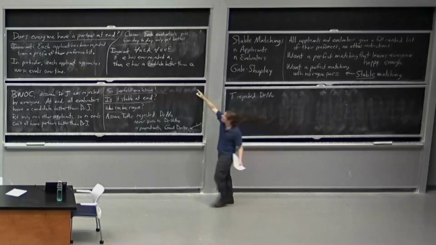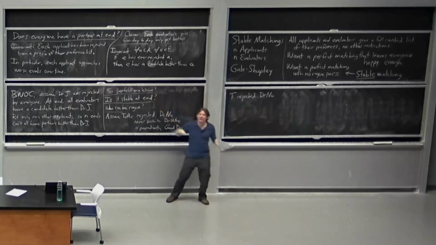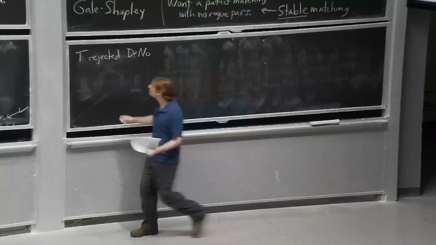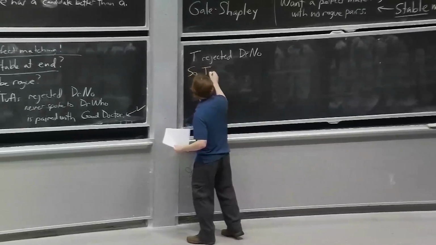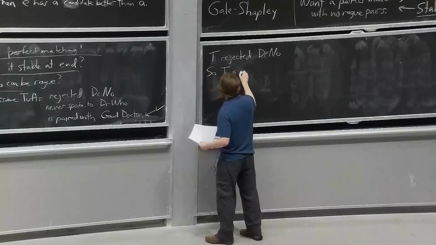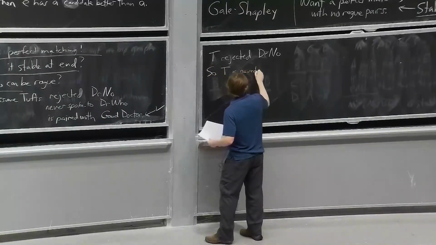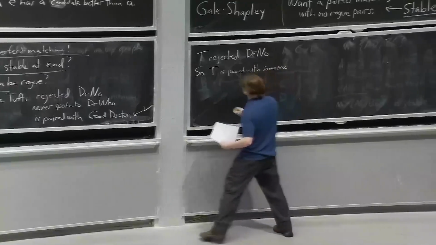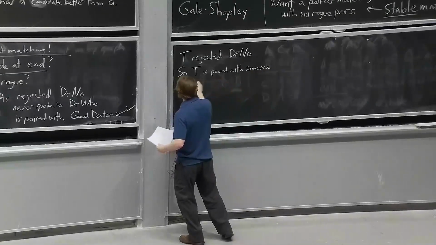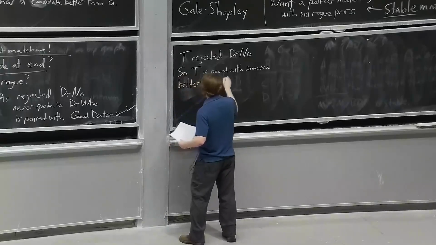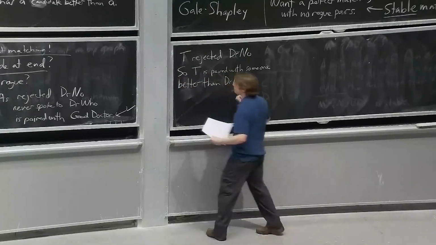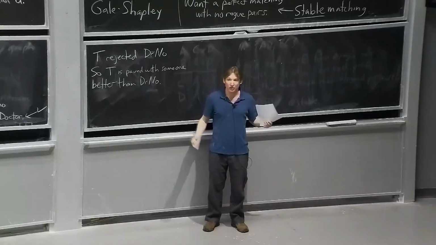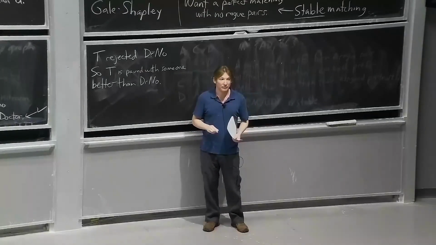And because of this invariant that we found, we know that Tufts ends up with someone better than Dr. No, because the moment an evaluator rejects someone, they know they're always going to have someone better from then on.